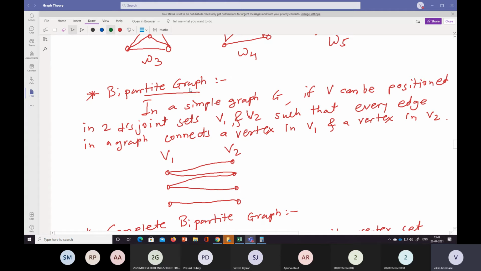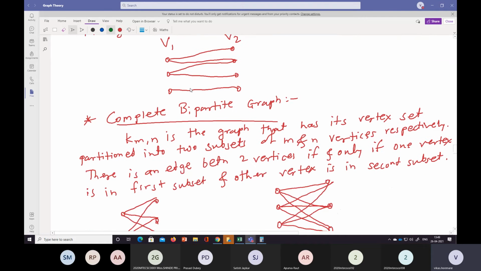In simple words, the graph is divided into two different parts and the edges connect one part to the other part. Connections between vertices within a particular part are not allowed. So we need two different parts of vertices.